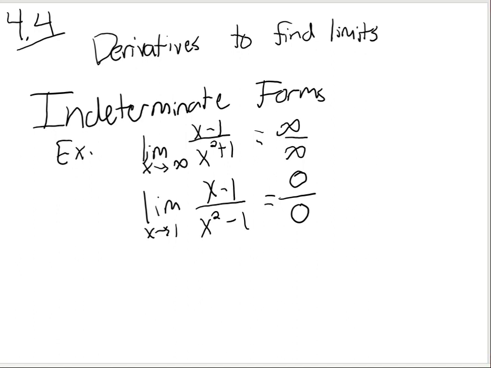Other examples that you might get: 0 times infinity, infinity minus infinity, 1 to the infinity power, and 0 to the 0 power. Now this section is going to be all about indeterminate forms and limits.